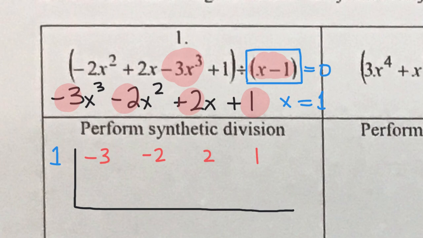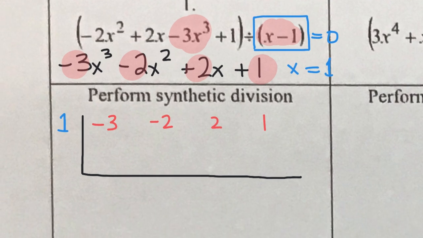So now we do the recipe. The first step is dropping down this first number. And then we multiply the 1 on the outside times this number, and we put it here in the next column.